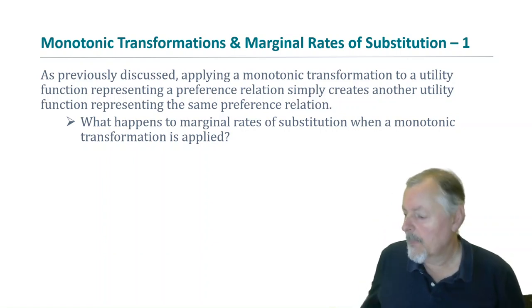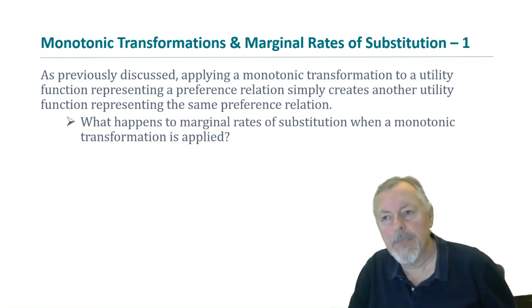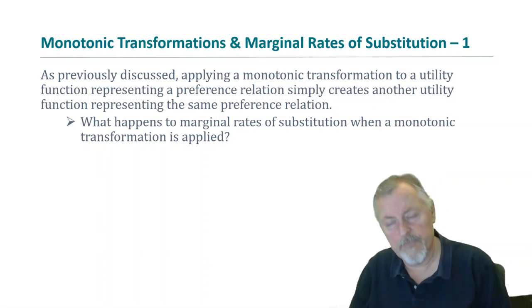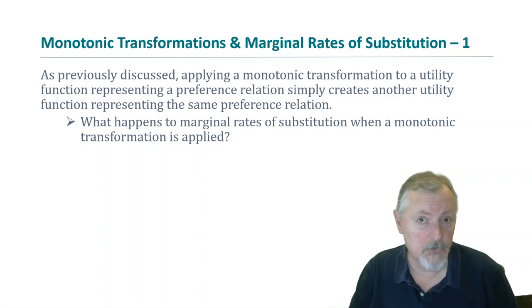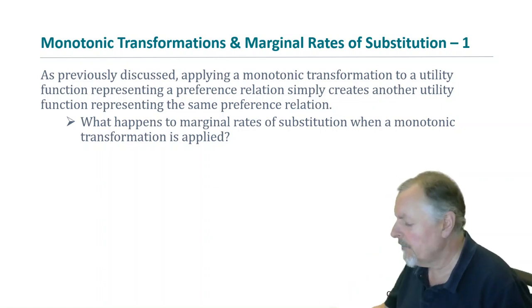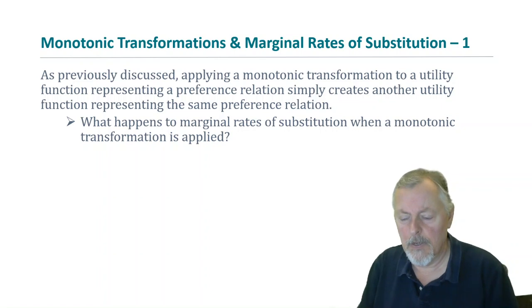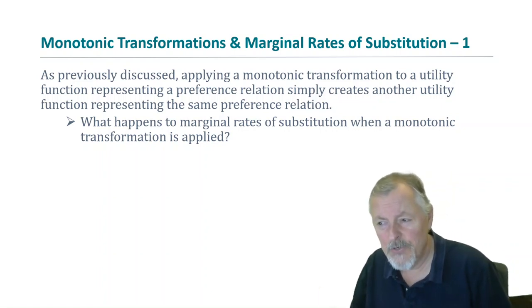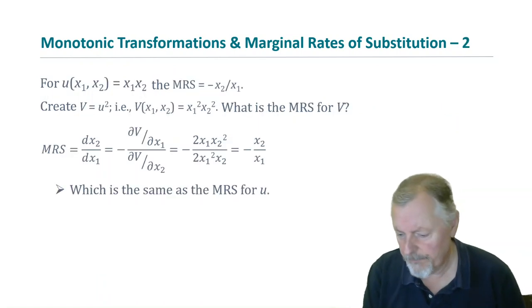Now, as mentioned before, because utility is ordinal, any monotonic, that is, order-preserving transformation of a utility function describes exactly the same preferences. So if you perform a monotonic transformation on a utility function, what happens to the marginal rates of substitution?